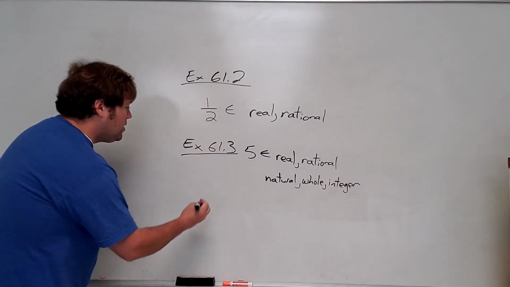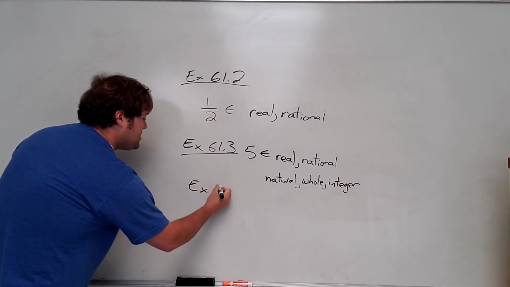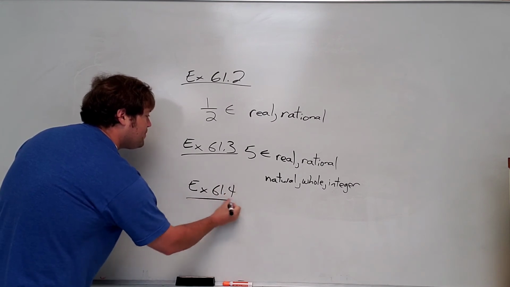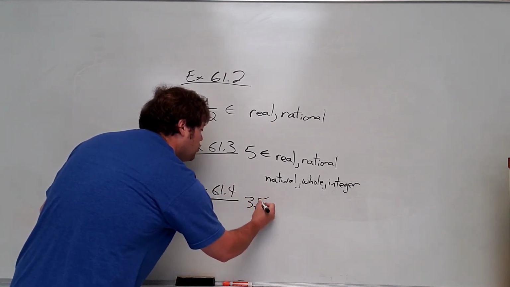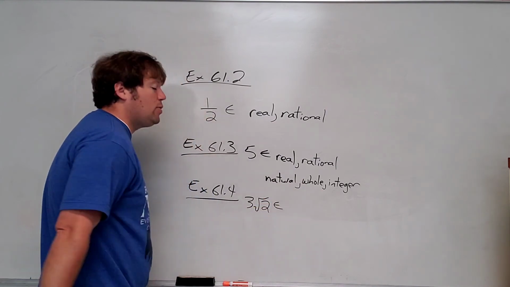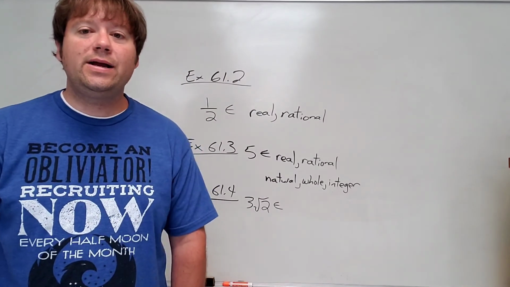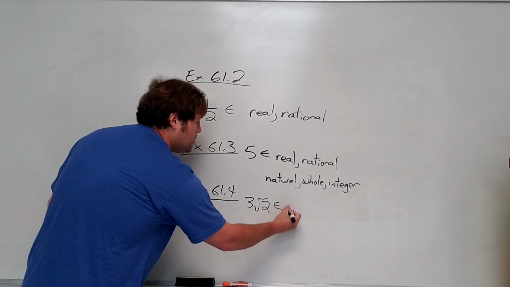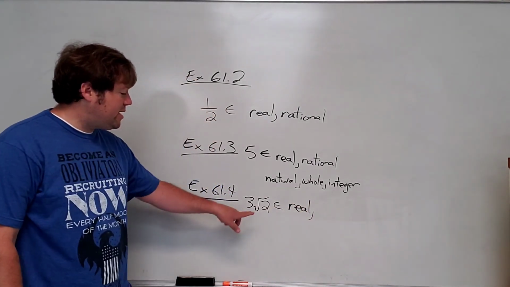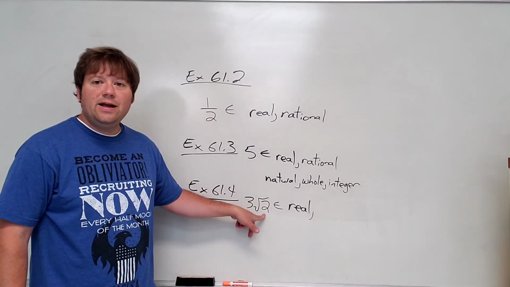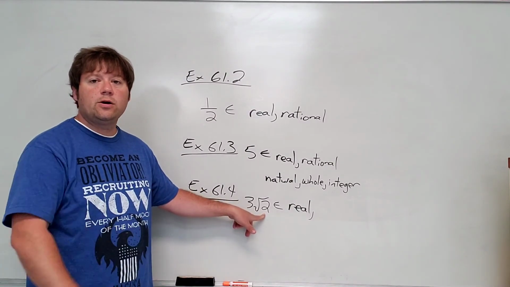And then one more of these, example 61.4. On this one, they ask 3 times √2 is a member of what set of numbers? Well, again, it does have to be a real number, so we can write that. But then, we already said the square root of 2 is going to be a decimal that goes on forever.